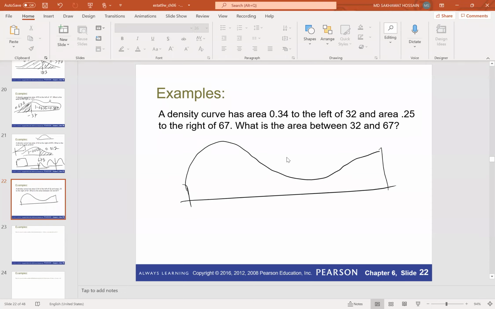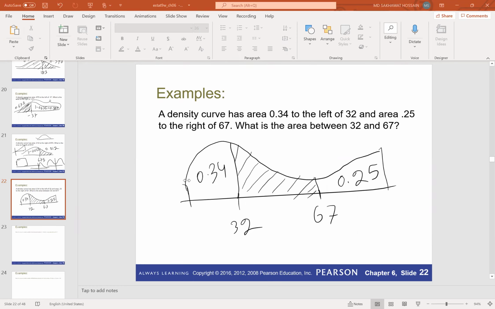The area to the left of 32 is 0.34, and the area to the right of 67 is 0.25. Now we need to find the area in between. What is the area between these two numbers?